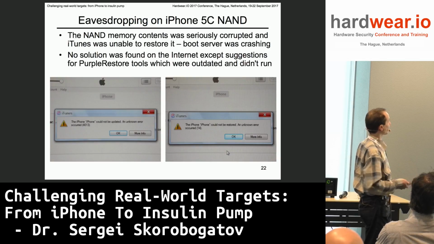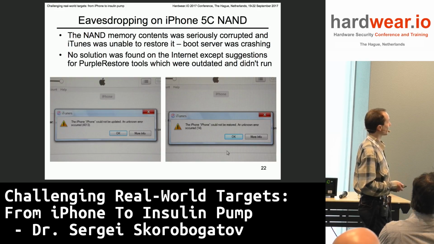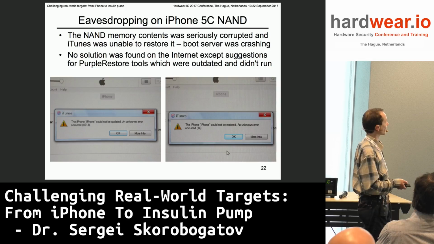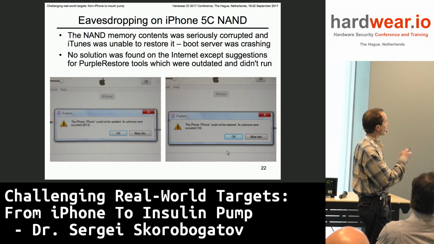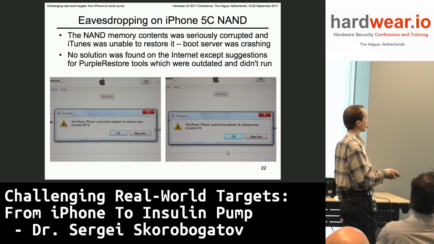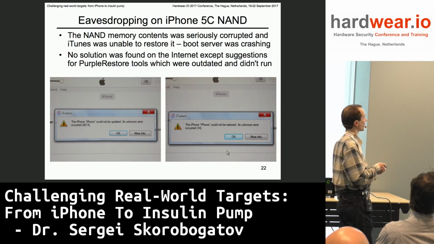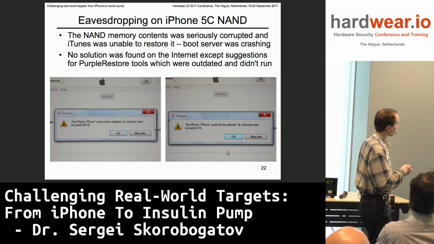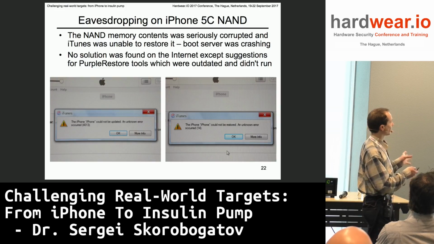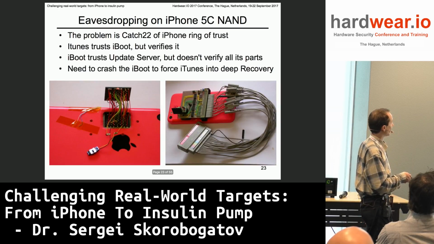So I had to solve this problem, and this time it was much harder to solve, because not only the data in NAND flash were corrupted, but also the iBoot that boots the whole operating system was corrupted. And whenever I tried iTunes to restore the phone, it came with the error message, and I was unable to find any tools that would restore it to the original state.